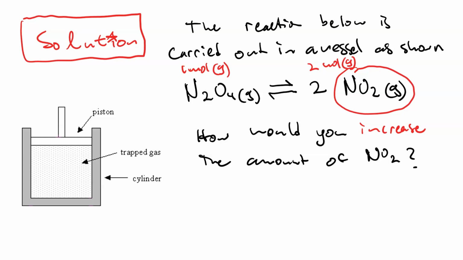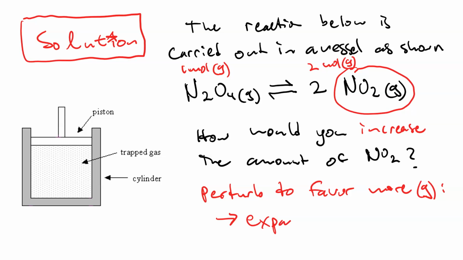So, what do we do to favor the side with more moles of gas? We expand the volume by pulling on the piston, like this.